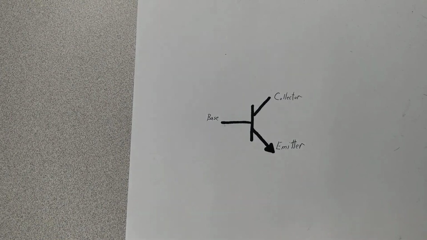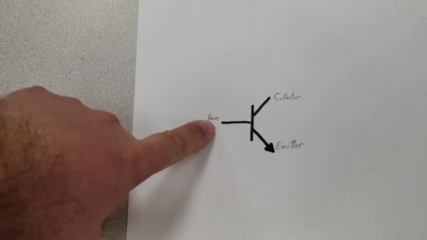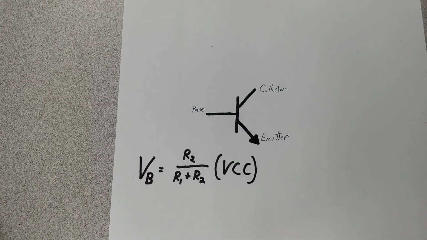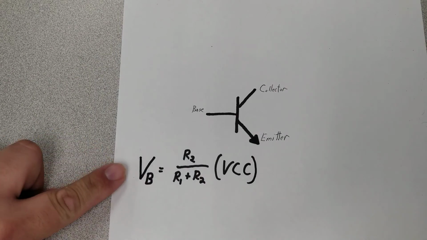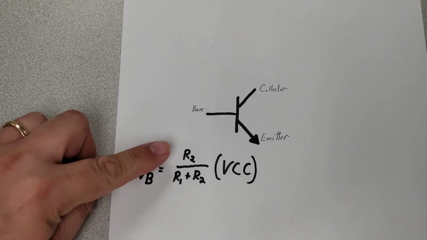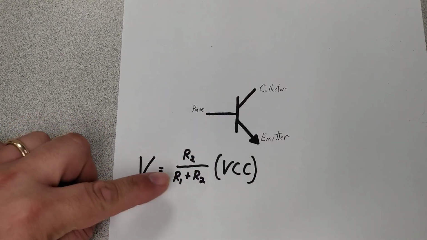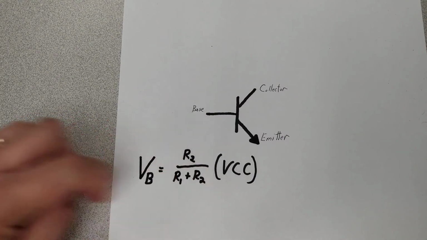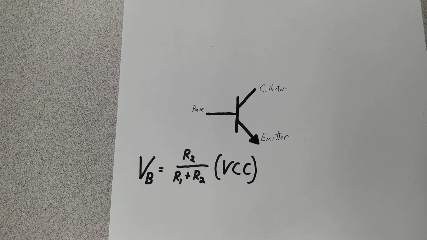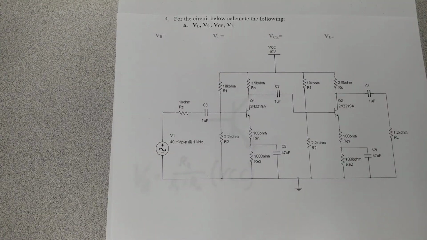The first thing we're going to solve for problem number 4 is the voltage at base. To find the voltage at base, we need to use this formula. The formula is R2 over R1 plus R2 times the VCC. So what's the formula really talking about?